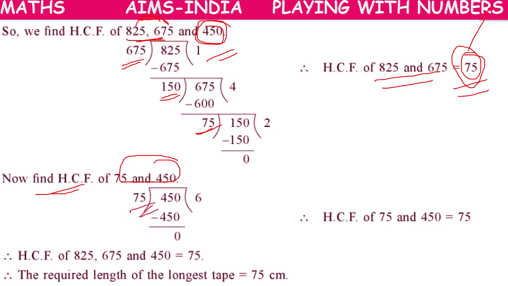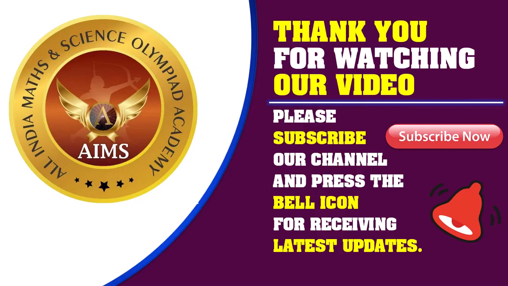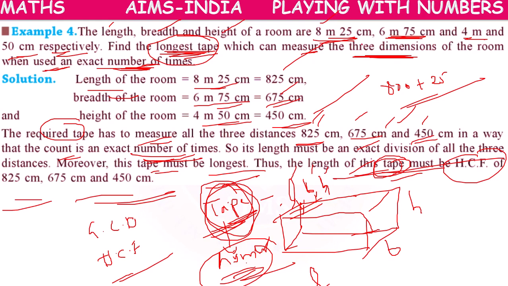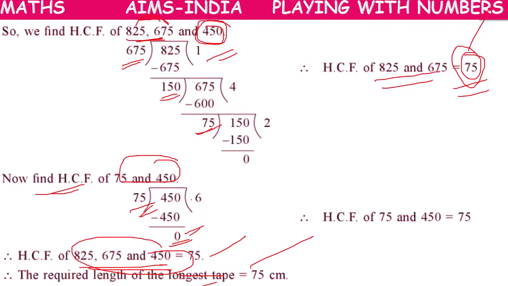So with 75, 0 is coming. 75 6 times 450, 0 is coming. So the HCF of 3 numbers is 75. So length of longest tape is 75 centimeter. Because all measurements we have taken in centimeters, that's why length of longest tape is 75 centimeter.